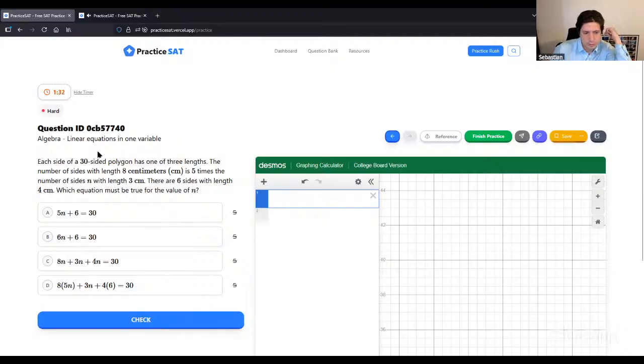Which equation must be true for the value of n? Okay, so 6 sides, just forget about those. Okay, they're gone. So now we have 24 sides. With length 8 is 5 times the number of sides n. Okay. So basically 5n plus n equals 24.